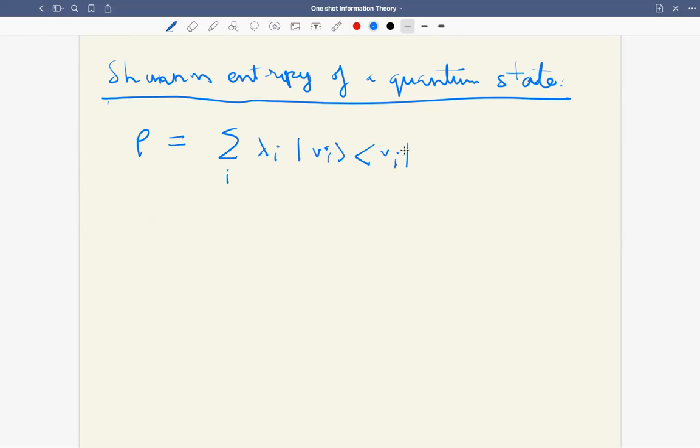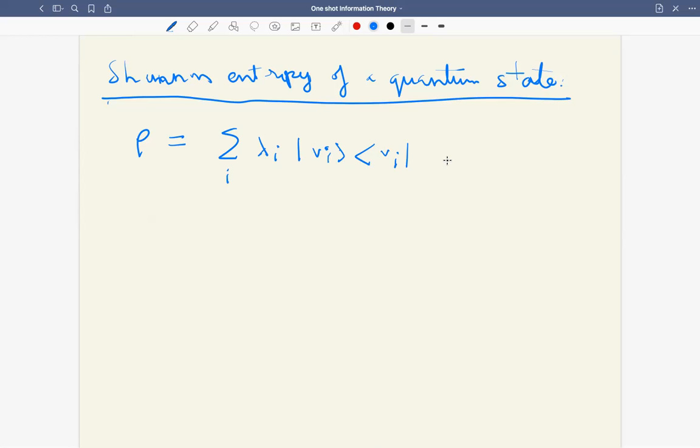And I know that the lambdas are positive and add up to one. So I can treat lambda as a probability distribution. I'm just reminding you that I can think of a general quantum state as a mixed state, a probabilistic mixture of pure states ket Vi, with probability lambda i.